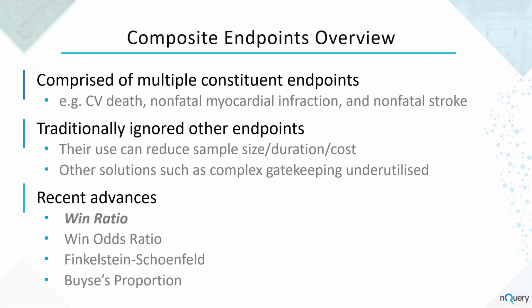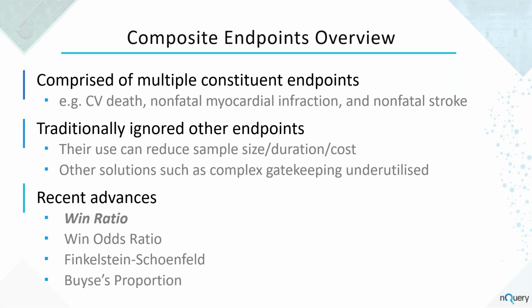The example I've shown here shows 3 different endpoints, which would all be included in one composite endpoint, quite commonly, in fact. So cardiovascular death being the most important one, then non-fatal myocardial infarction being the next in terms of hierarchy, and then non-fatal stroke being the next most important in terms of the hierarchy of these types of endpoints.